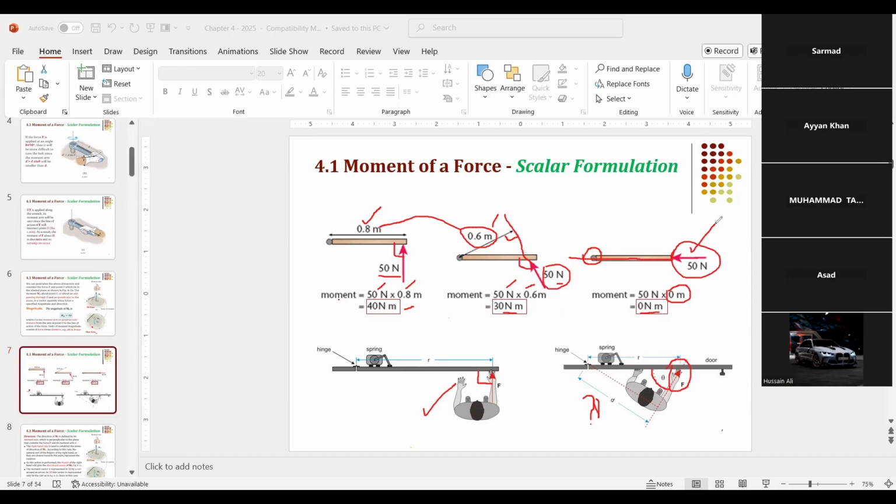We know this, but this is a mathematical way of expressing that no moment is produced, no rotation is going to happen, because the line of action of the force is passing through the point about which you are trying to produce the moment.